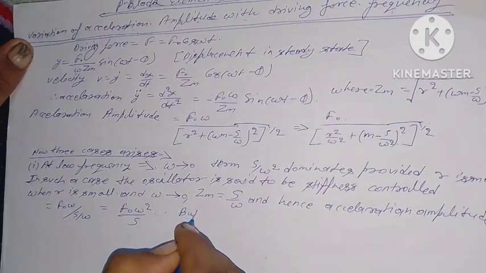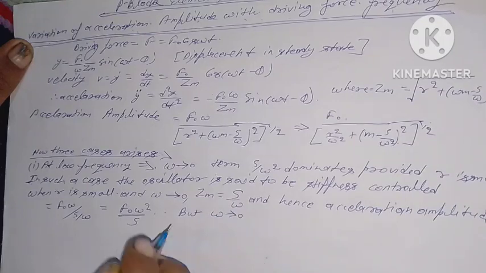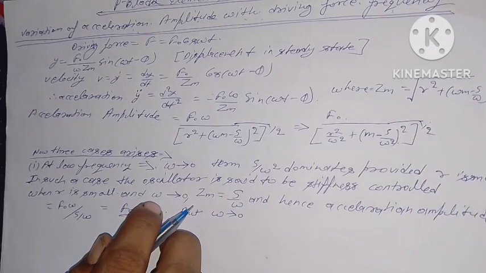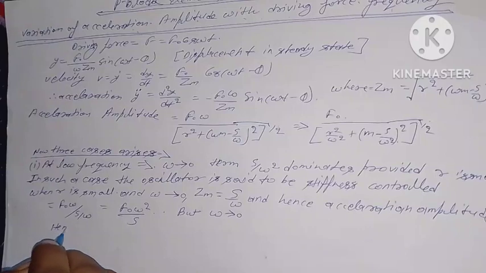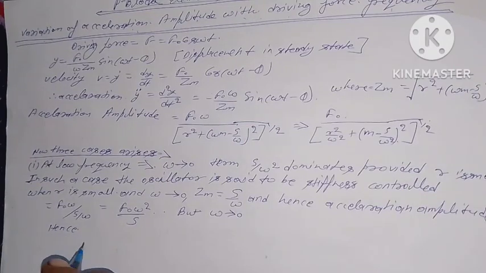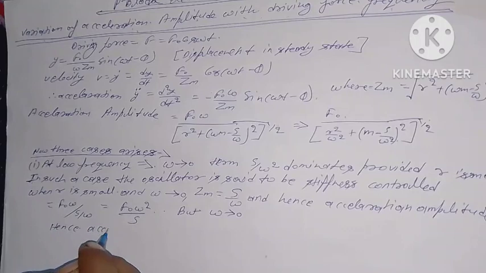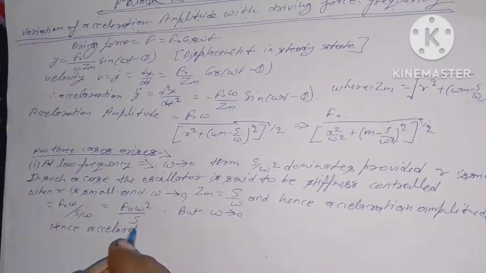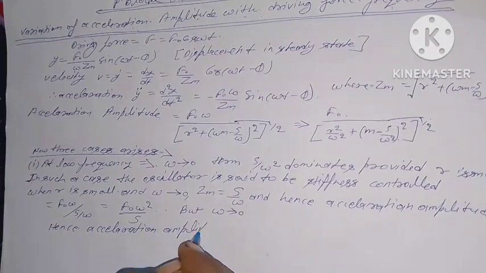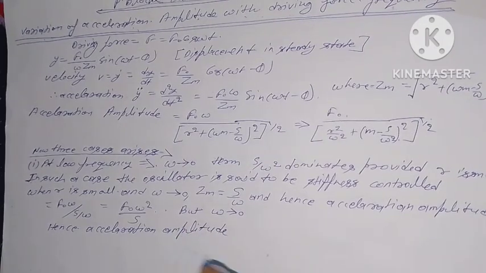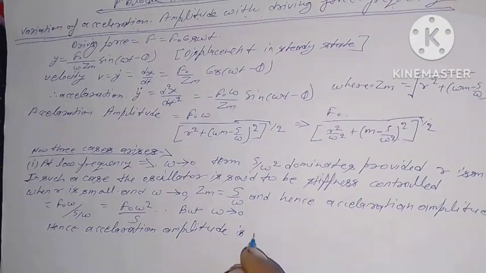But omega tends to 0, hence acceleration amplitude is 0.